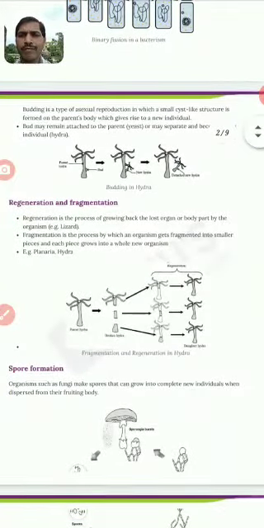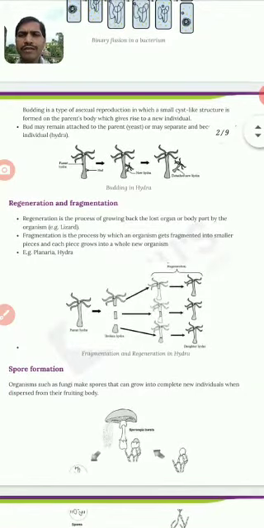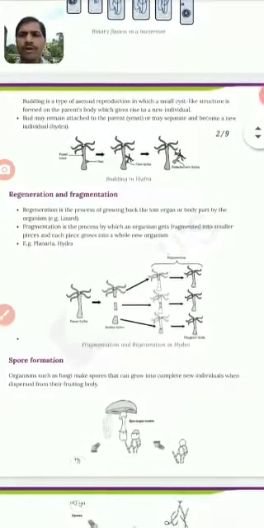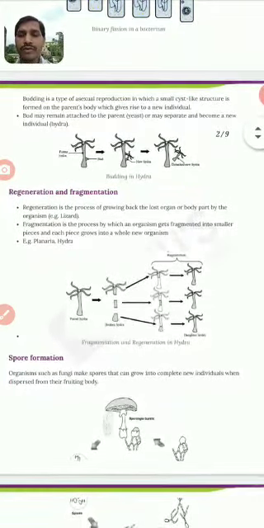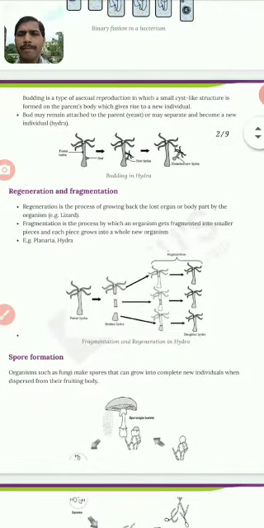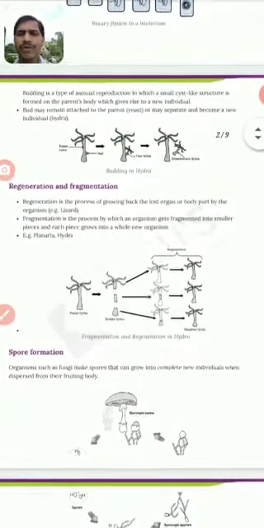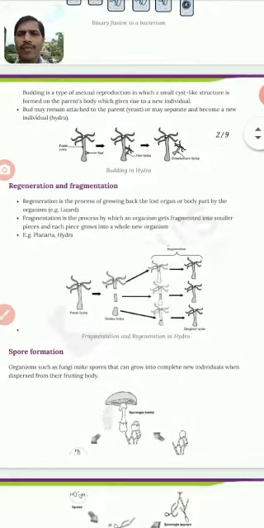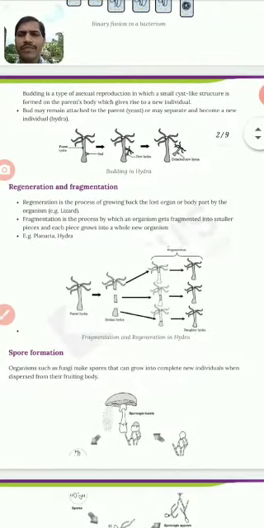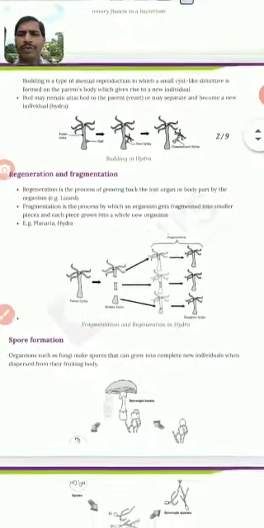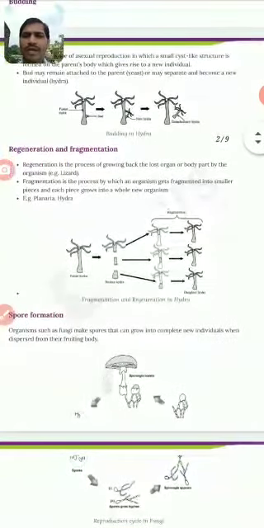Next one is regeneration and fragmentation. Regeneration is the word used for the production of new individuals from a part of the body, which is seen in lower animals, whereas in fragmentation, plants as well as animals are capable of producing new individuals.